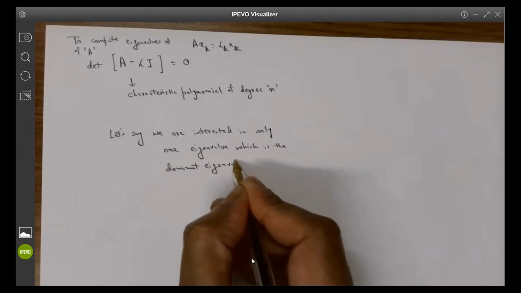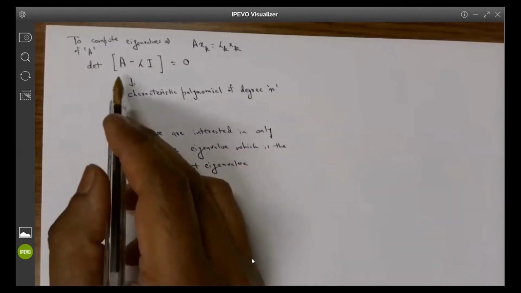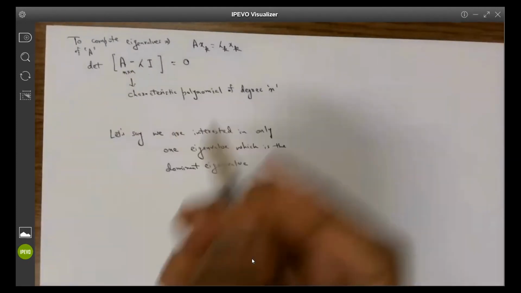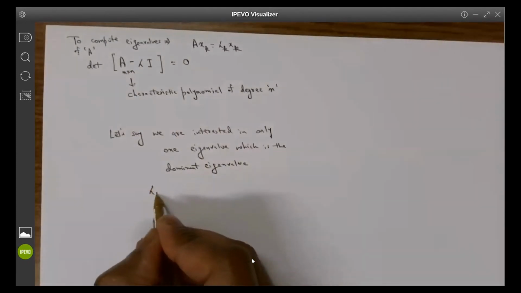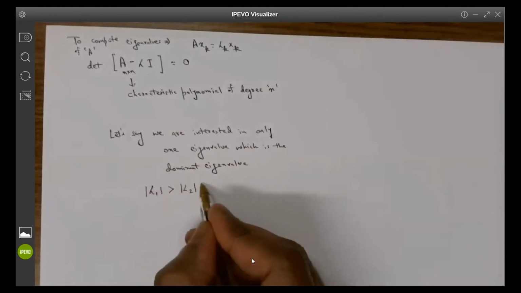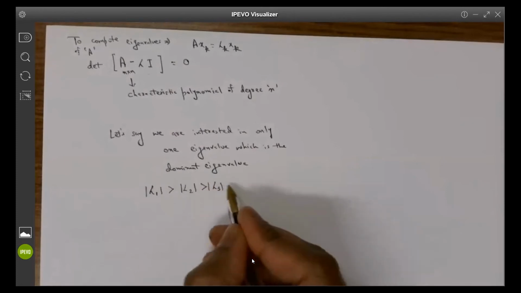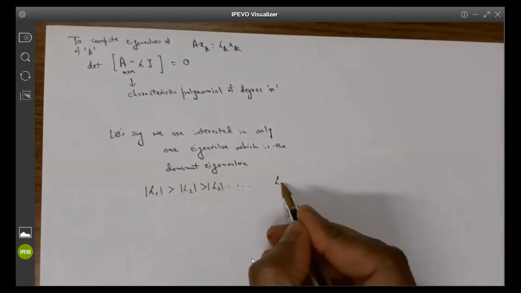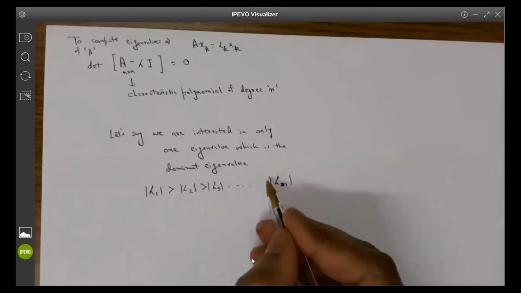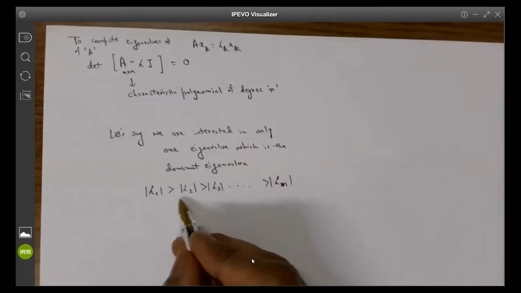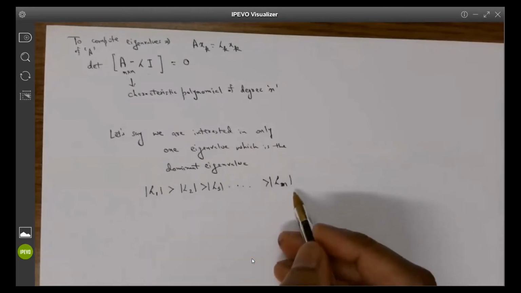What I mean here is, let's say this matrix A is an n by n system. So it has n eigenvalues, and let's say they are arranged like this. If I take the absolute value of these eigenvalues, they can be arranged in this ordered format where lambda1 is the maximum of all the other eigenvalues.